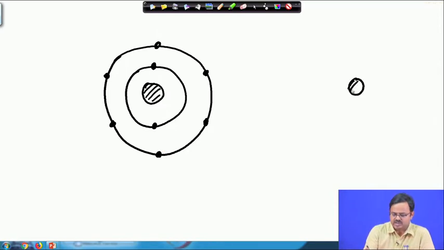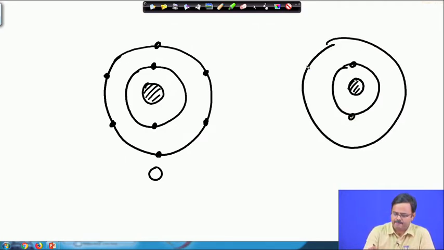This is oxygen, and this also is oxygen, with 6 electrons on the outer shell. What is silicon? Silicon has 4 electrons on the outer shell, and then it has 2 plus 8.